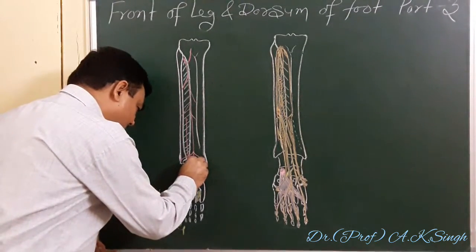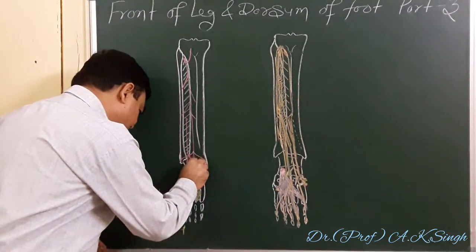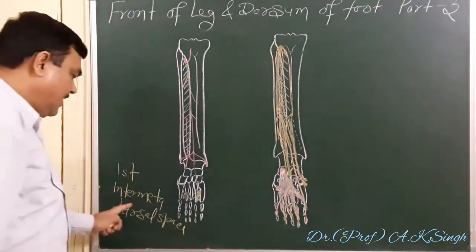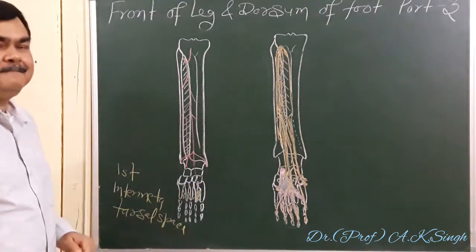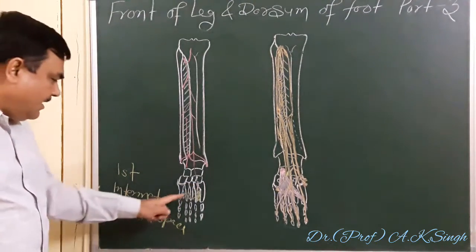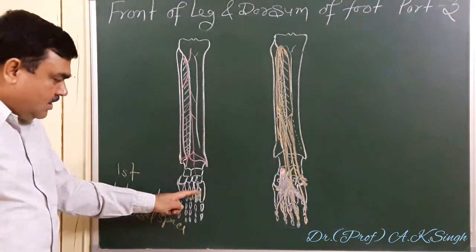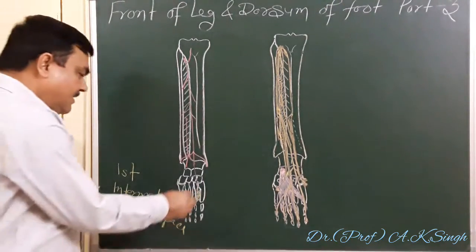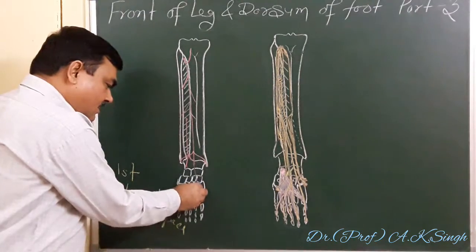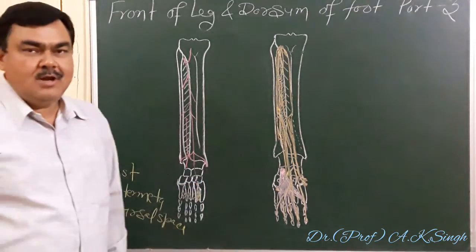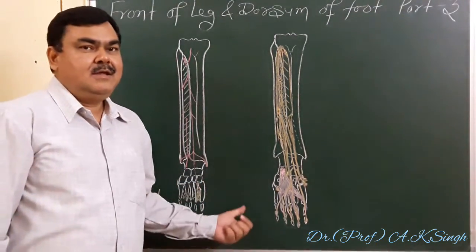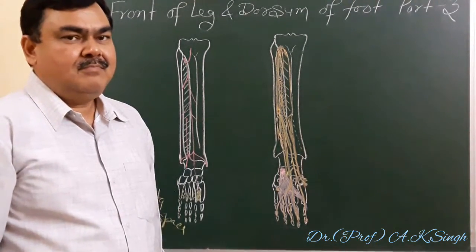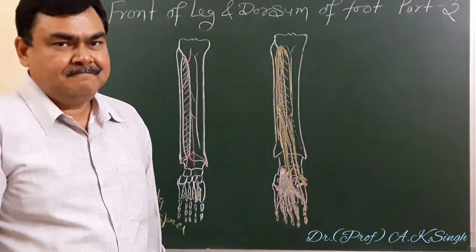So from here dorsalis pedis artery starts, and it extends to first intermetatarsal space. Here, between the two heads of dorsal interossei, it dips down into the sole, and in the sole it joins with plantar arch.